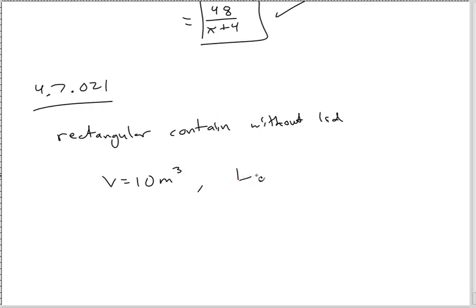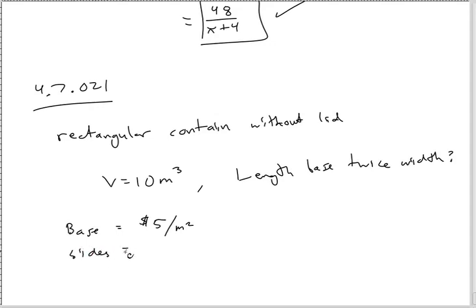And the length of the base is twice the width. I have my base is $5 per square meter, and my sides are $3 per square meter. And then it says, what's the minimum cost?